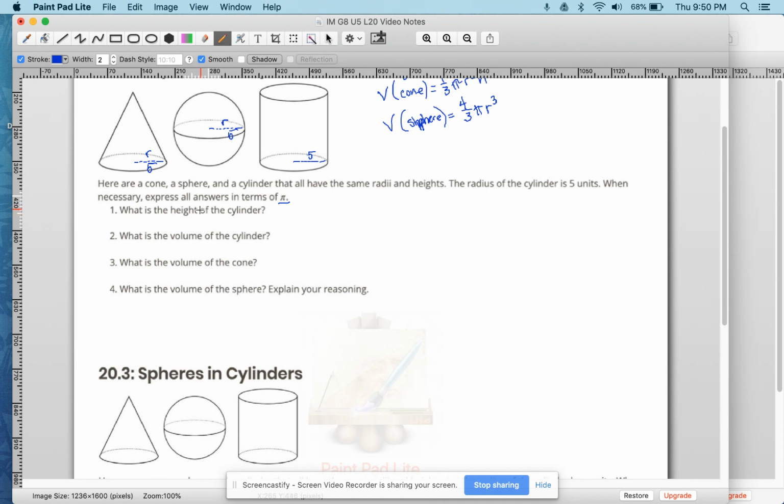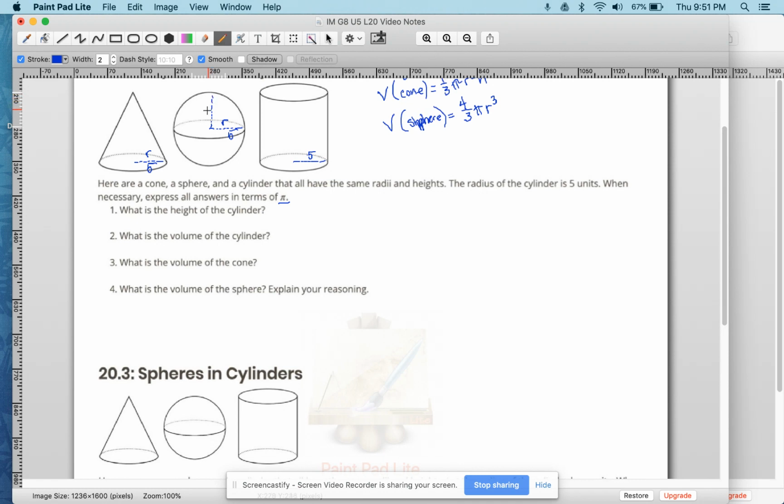So the height of the cylinder they want to know. Well, they didn't give us the height of the cylinder, but they did give us the radius of all of them. And if you remember from our discussion in class, the radius of the sphere is the same in all directions.